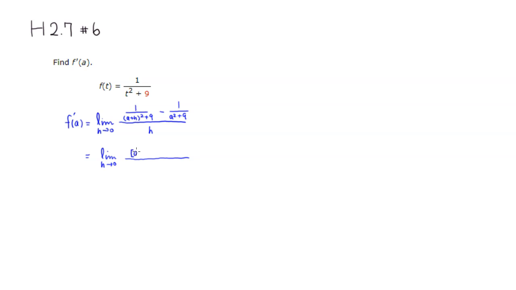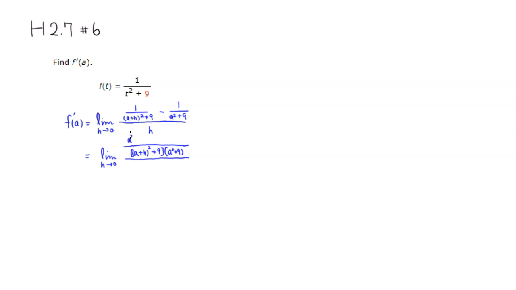So you have (a plus h) squared plus 9, times a squared plus 9. Since we multiplied the denominator of the first fraction by a squared plus 9, we have to do the same to the numerator.